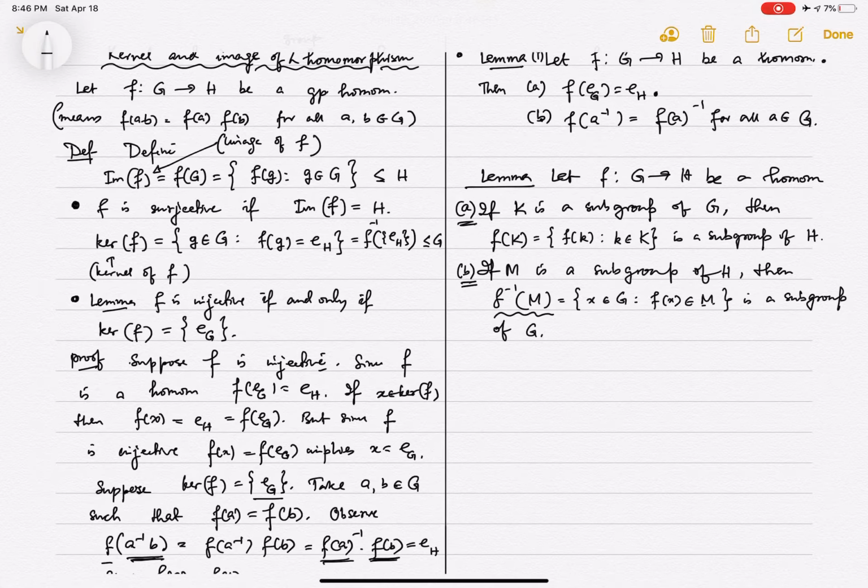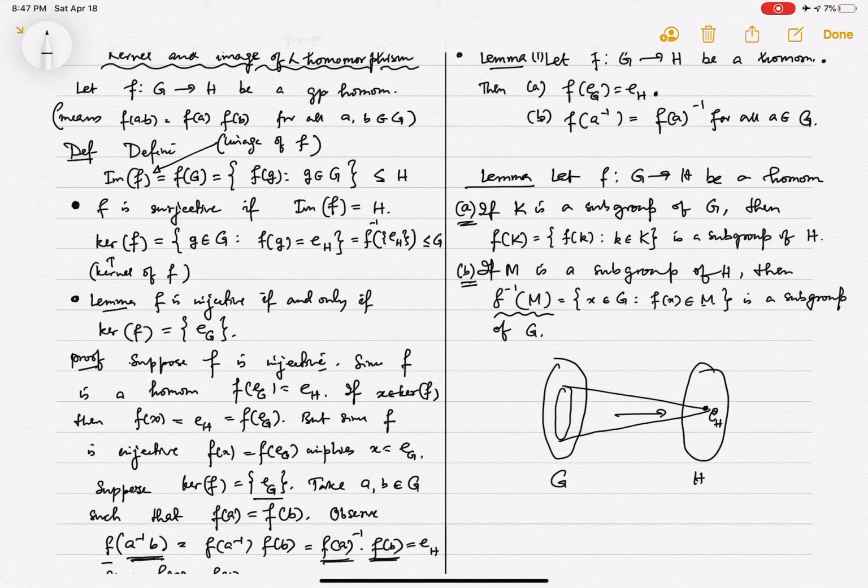The picture that I want you to have in mind is this cartoon. You have a homomorphism, you have the zero element here, sorry, not zero, we call it the identity element here, and you're looking at all the things in G that get squashed to this identity element.